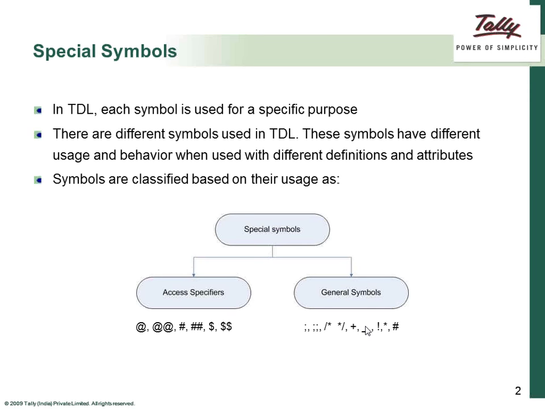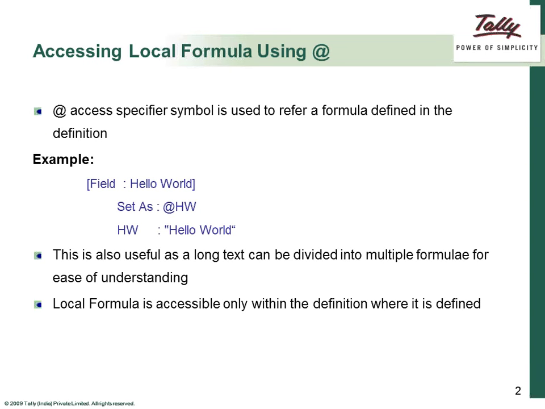So we have two categorizations of these special symbols, the access specifiers and the general symbols. The access specifiers are the symbols that will help you to retrieve some kind of value, and general symbols are for other utility purposes. Starting with the symbol at, it is used to identify a local formulae.